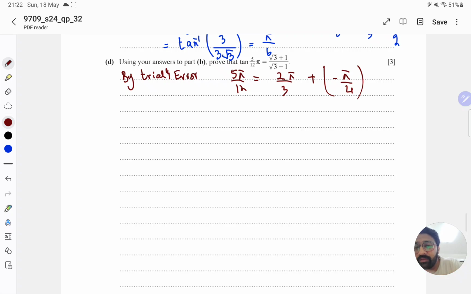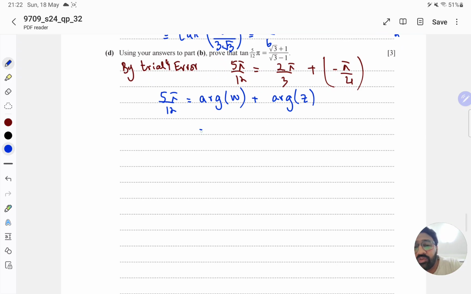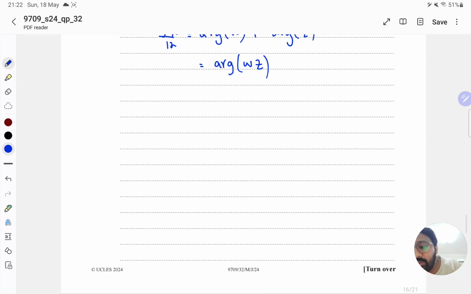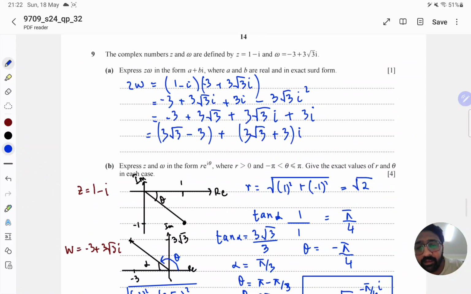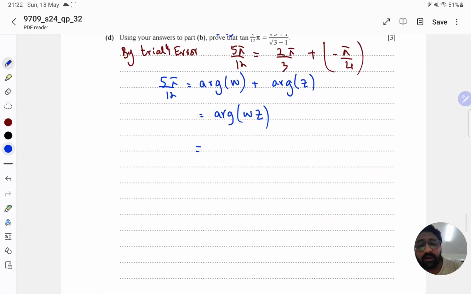Now what we can do is, we know that 5 pi by 12 is basically equal to argument of w plus argument of z. Since the arguments are adding, we can multiply wz. So wz we already know, wz is this thing, 3 square root of 3 plus I. How can I find it?